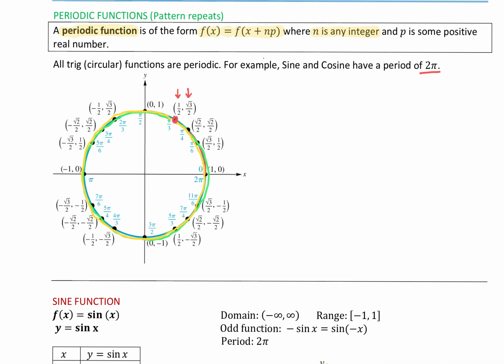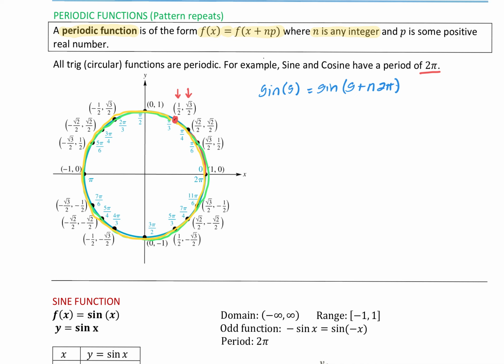Let's just look at our sine value. So if we look at sine, and here we're putting in an arc length into our function. I'm going to put parentheses around it so it's consistent with our function notation. So I put in an arc length into sine. It's going to give me some value. And that value will be equal to whatever that arc length was, plus any integer n times the period, which is 2 pi.